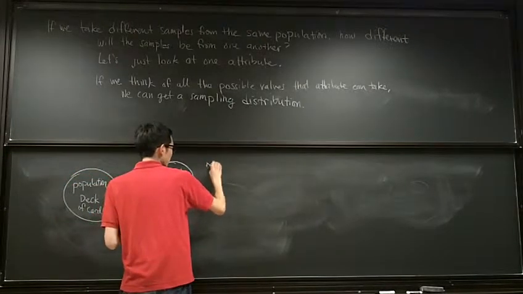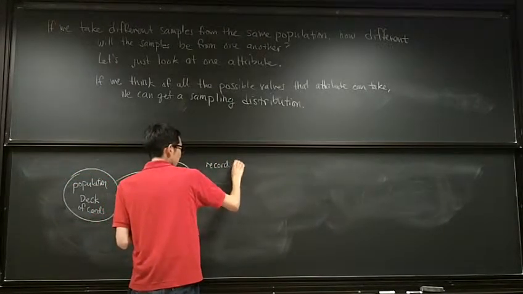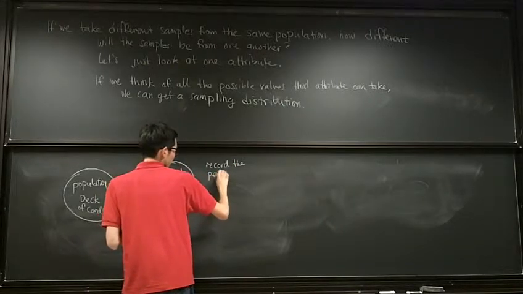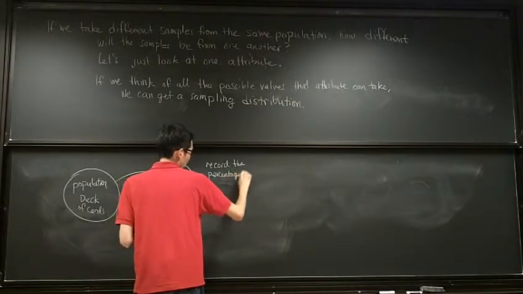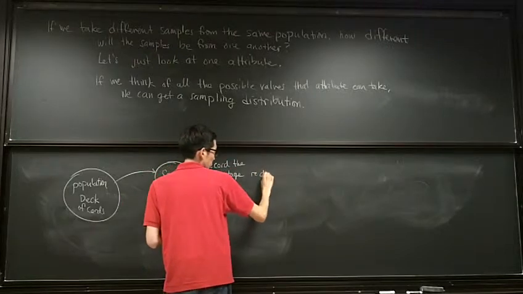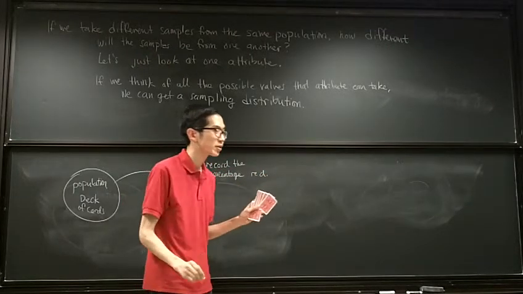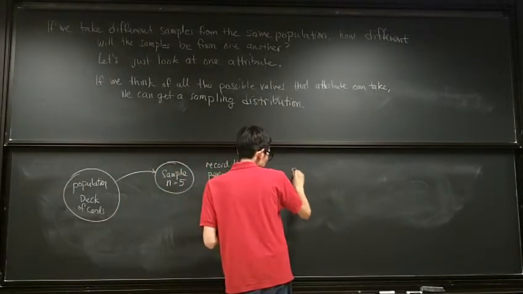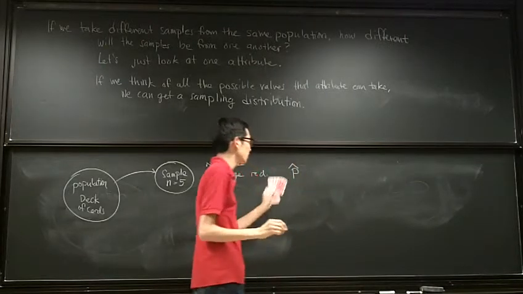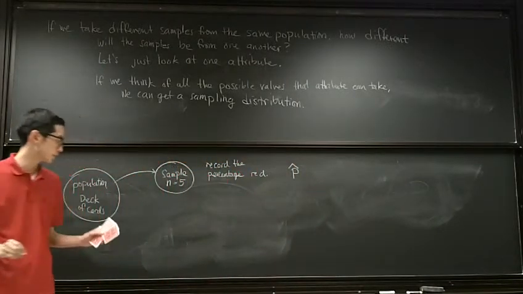Let's record the percentage that is red. I'm going to call this value p hat. This is a percentage that came from a sample.